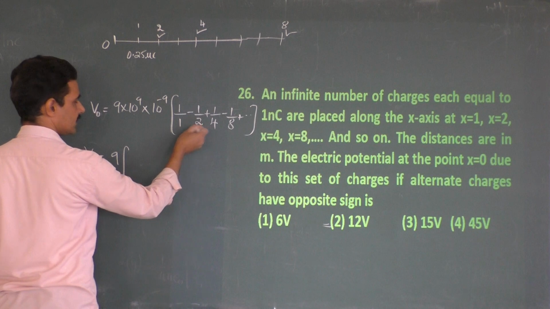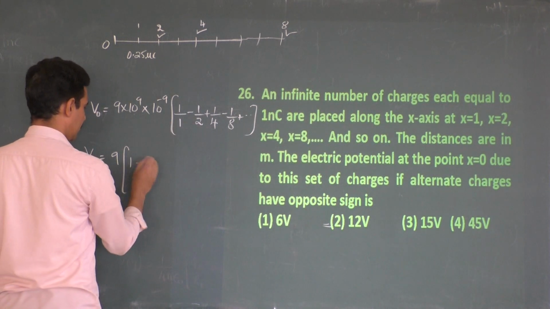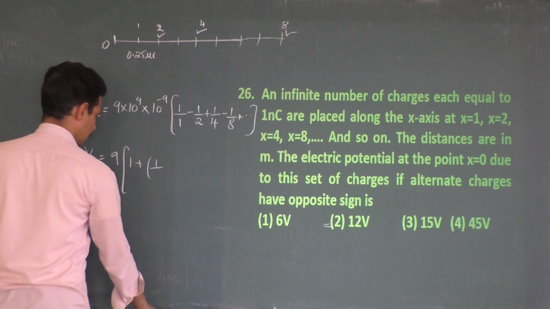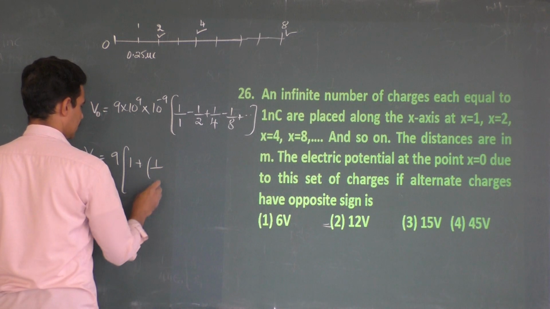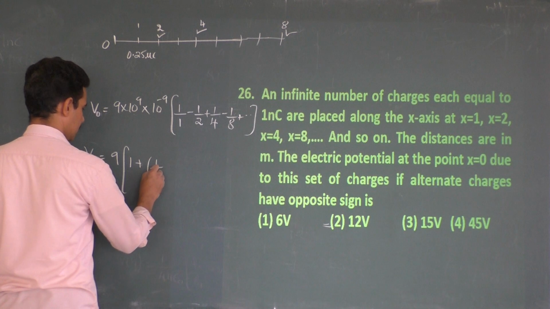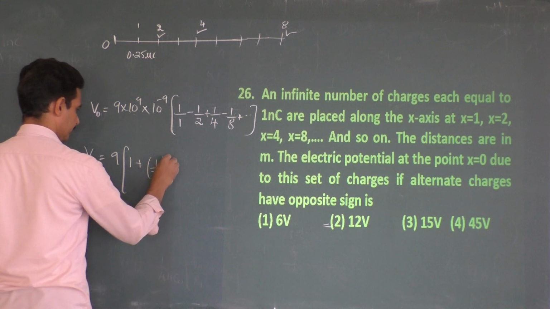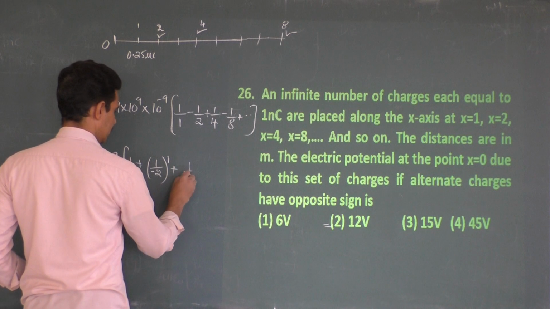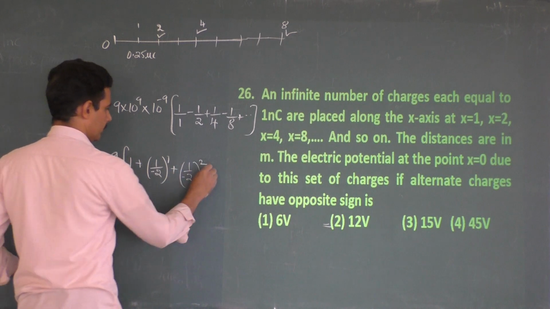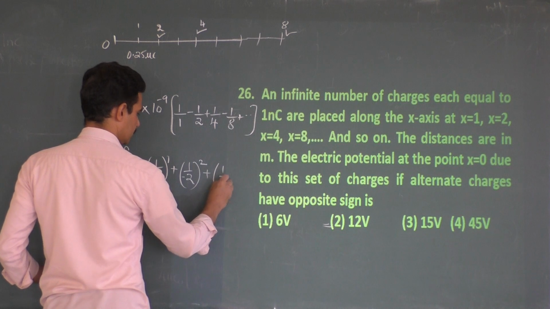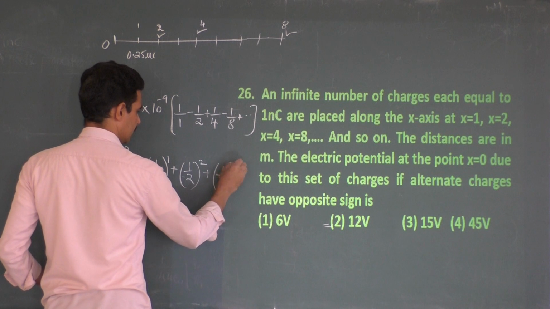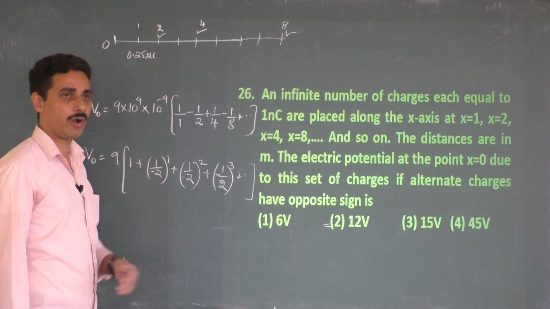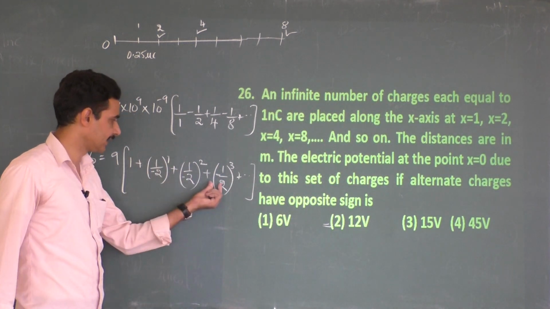You can write it as a series with common ratio 1 by 2: 1 plus 1 by minus 2 to the power 1, plus 1 by minus 2 to the power 2, plus 1 by minus 2 to the power 3, plus. See, wherever you have cubes, to the power 5, odd powers, the minus sign is retained.